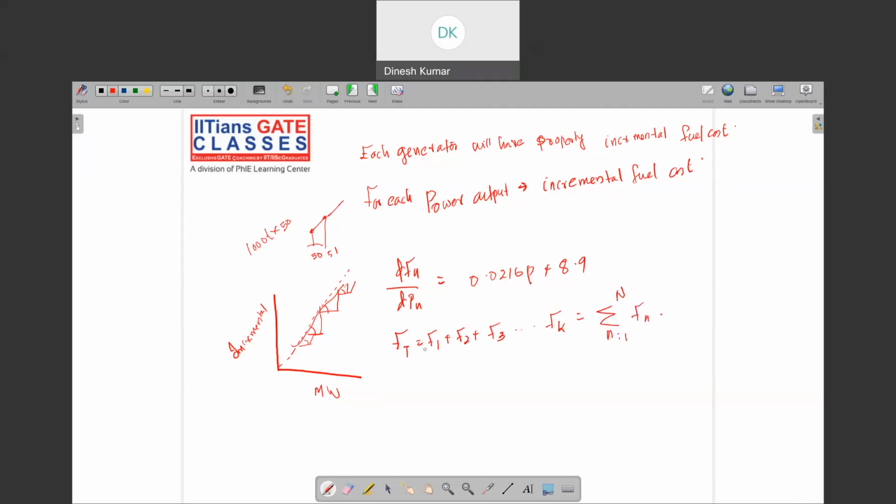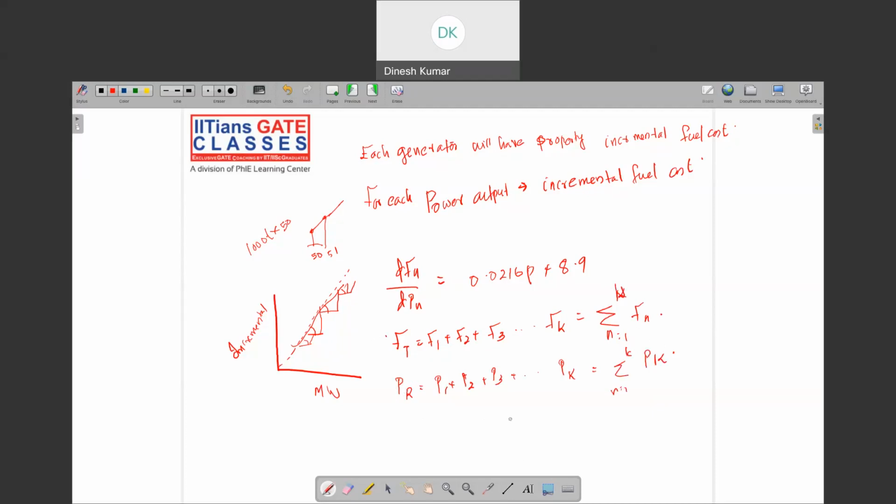And each of them produces some power, so the total power will be P1 plus P2 plus P3, etc. up to Pk, that is sigma n equal to 1 to k of Pn. So Ft is the total fuel cost and Pr is the total power. I hope you understood, right?